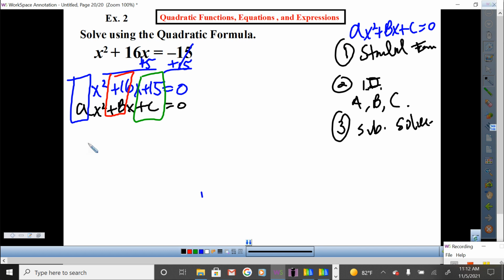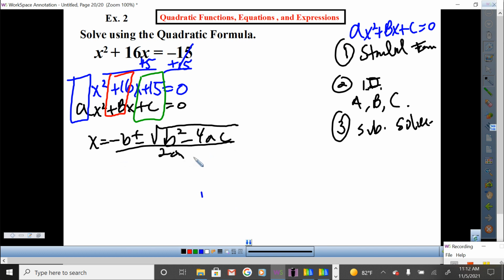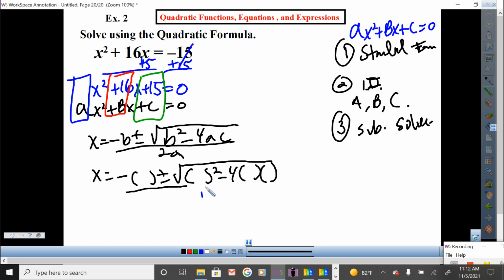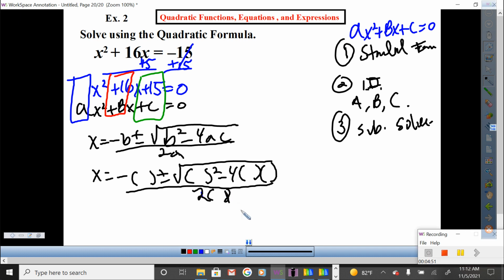So we need to write our quadratic formula. X equals minus B plus minus square root B squared minus 4AC over 2A. And you should have that by now, yes? Then we did x equals minus parentheses plus minus square root parentheses squared minus 4 parentheses parentheses over 2 parentheses.